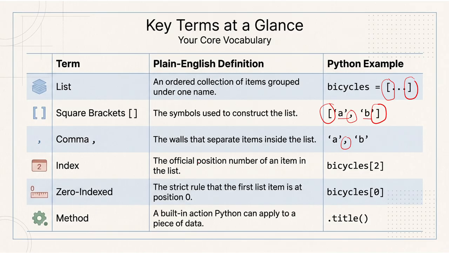So what is an index? An index is the official position number of an item in the list. Let's consider this example, A and B. Here the index of A is 0 and the index of B is 1, because A is 0 steps away from the starting position, and B is one step away from the starting position, so that's why its index is 1.